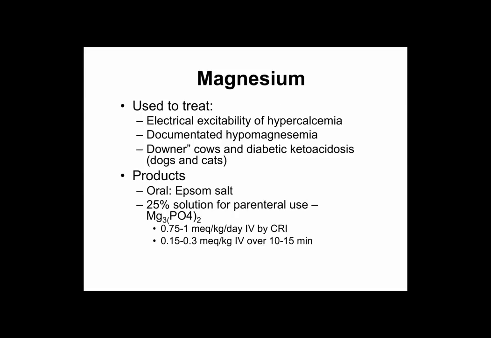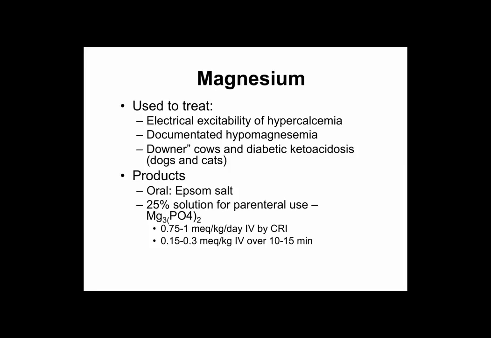Now, magnesium is that other divalent cation, and you'll see magnesium supplementation. The most dramatic one will be in the Downer cow, where you have an animal that's not capable of generating muscular contraction because of hypocalcemia, usually associated with hypomagnesemia, and they'll need the calcium and magnesium in order to stand up.